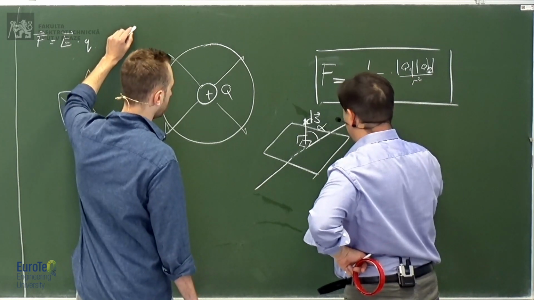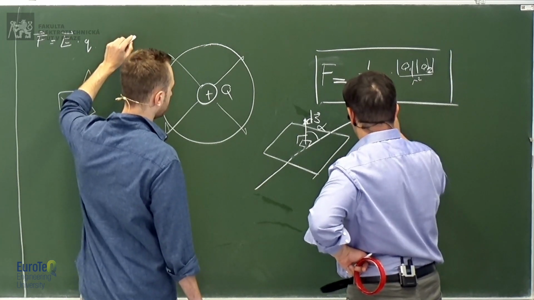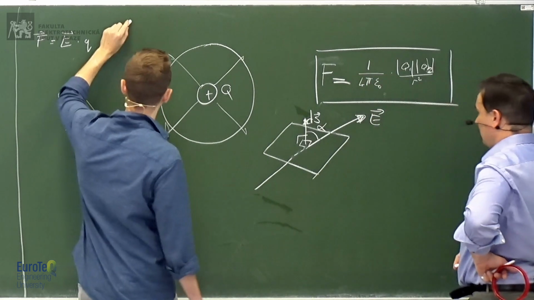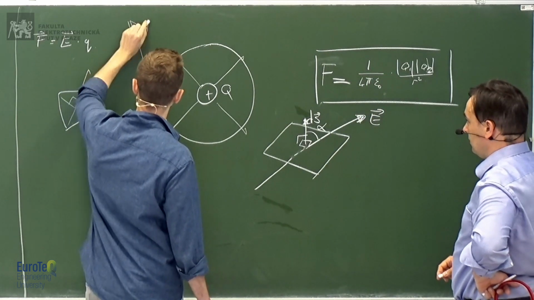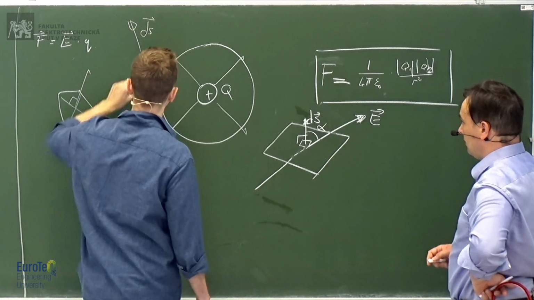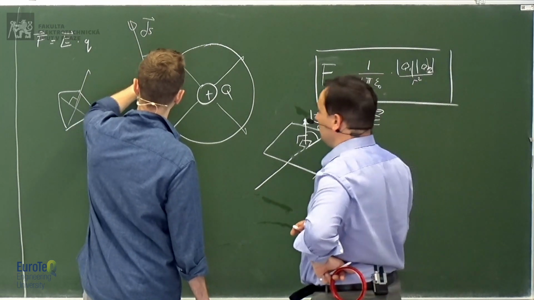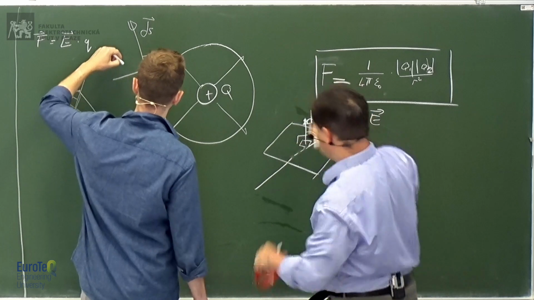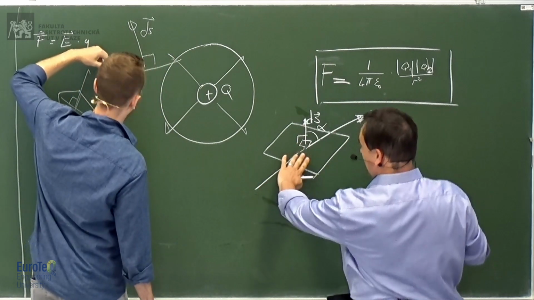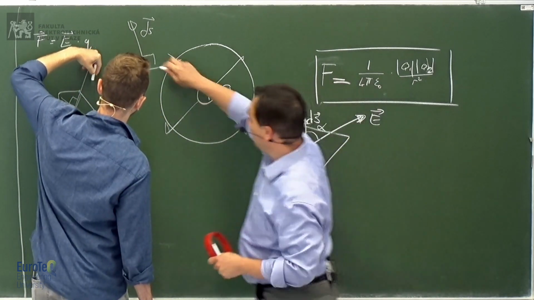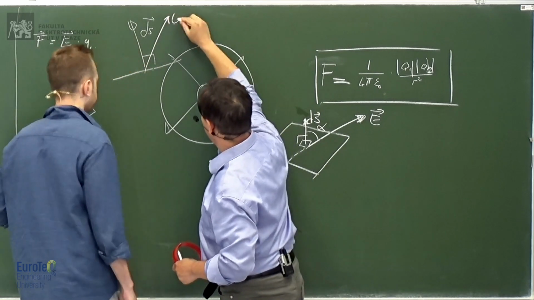Let's say that this is the electric field E, and we have this ds. Here's some angle, here's the surface, and we are watching in this direction. Let's say that the electric field is like this.